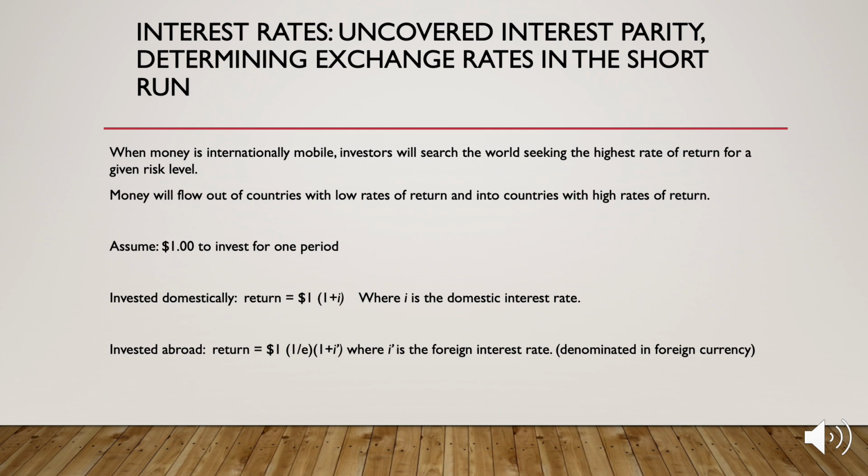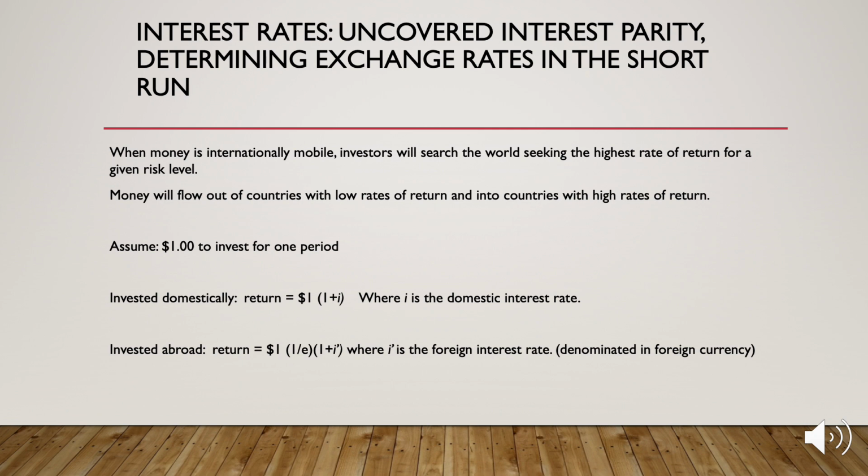So at the end of one period, you get the $1 back, and that accounts for the 1 in that equation. Plus, you get some percentage of that $1 in the interest, and that's the i there. So i here is the domestic interest rate, your rate of return invested domestically in a domestic bank, or you could consider this to be a domestic asset of some kind, would be 1 plus the interest rate.